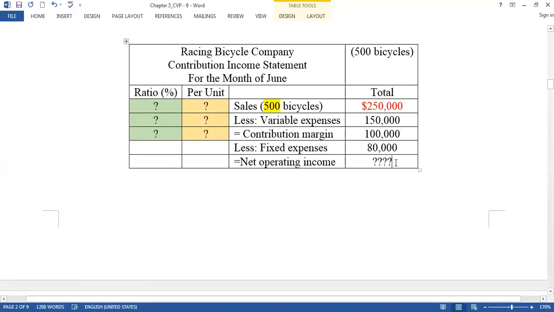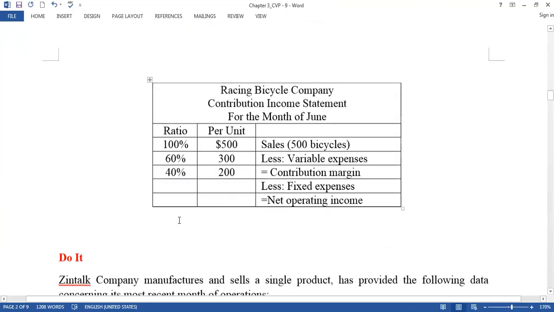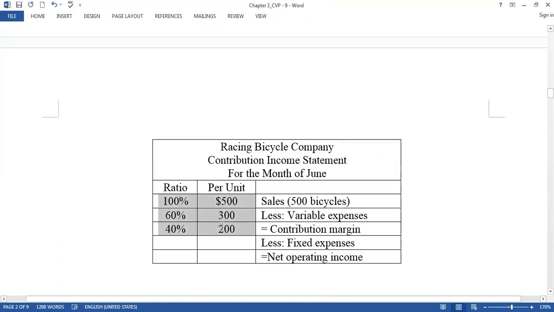Contribution margin minus fixed cost equals profit. So we already calculate profit and contribution margin. Now we can calculate per unit sales, per unit variable cost, per unit contribution margin. We can calculate sales ratio, contribution margin ratio, variable cost ratio, and this is the solution.